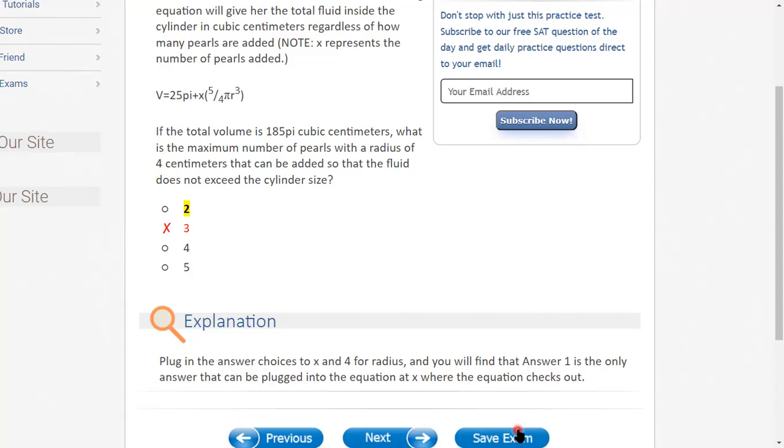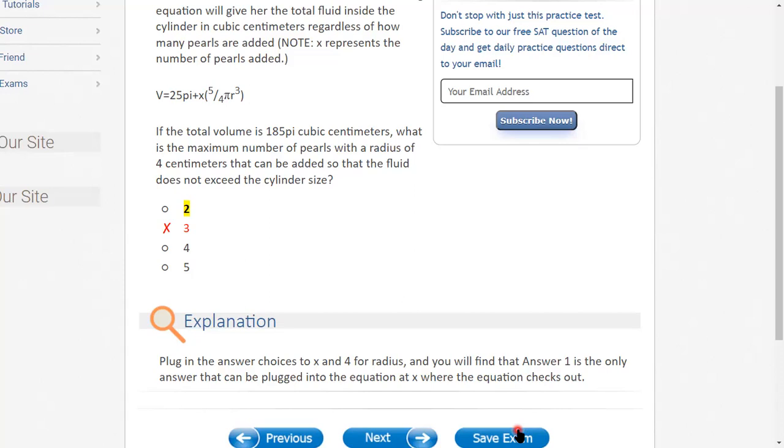Please plug in the answer choices to X and 4 for radius, and you will find that answer 1 is the only answer that can be plugged into the equation at X where the equation checks out. I'm sure that you are getting this statement.